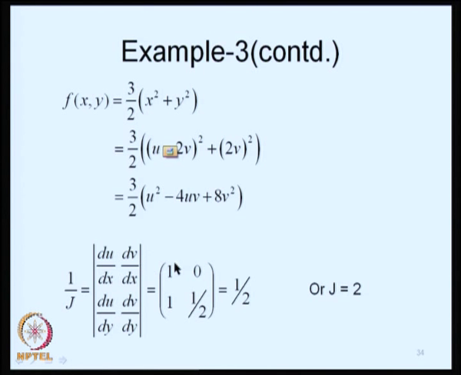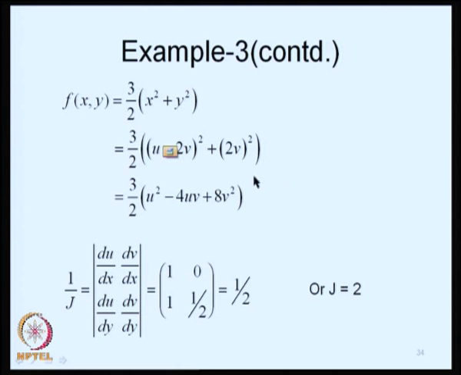So, du by dx turns out to be 1, dv by dx turns out to be 0, because v is equal to y by 2, and du by dy is equal to 1 and dv by dy is equal to half. So, the determinant will be equal to 1 by 2, and therefore, j turns out to be 2.